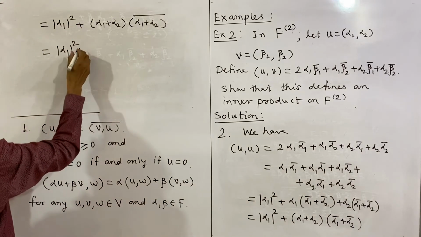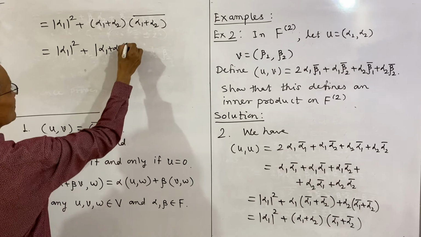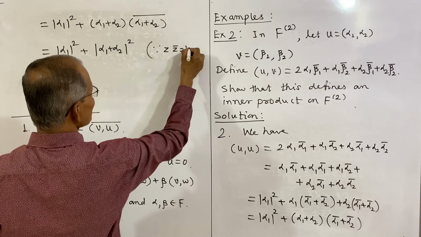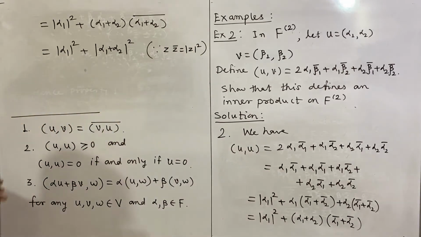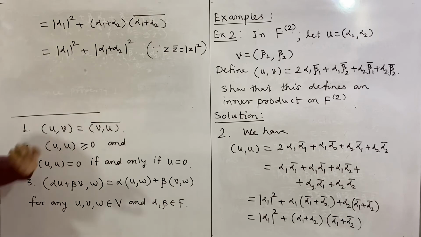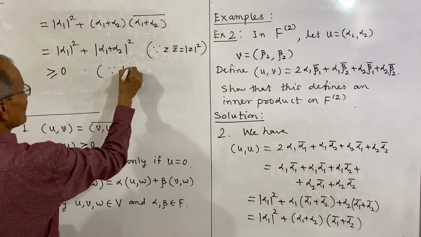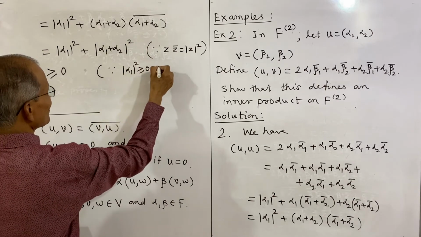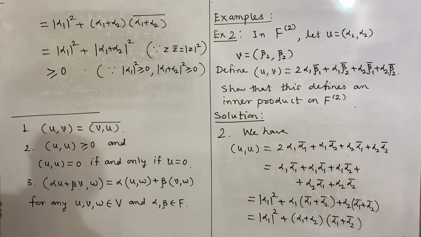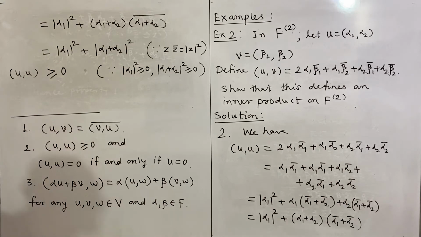This is mod alpha 1 square plus, and again this is z into conjugate z, so it is mod alpha 1 plus alpha 2 whole square, since z conjugate z is mod z square, and you see both are squares, meaning both are non-negative, and therefore this is greater than or equal to 0, this is also greater than or equal to 0, which means this is greater than or equal to 0, since mod alpha 1 square is greater than or equal to 0 and mod alpha 1 plus alpha 2 square is also greater than or equal to 0, and thus the left side, which was the inner product of u and u, is greater than or equal to 0.